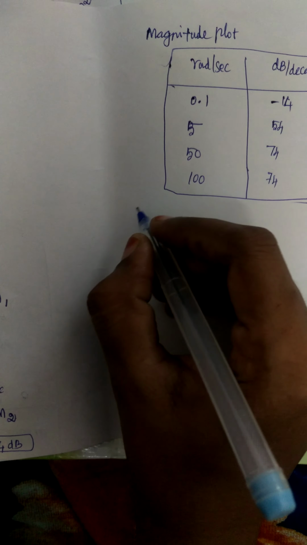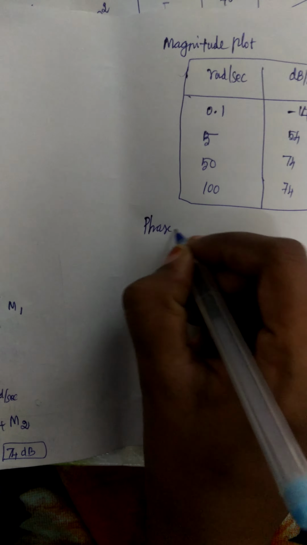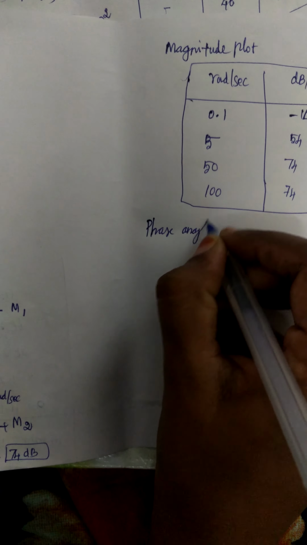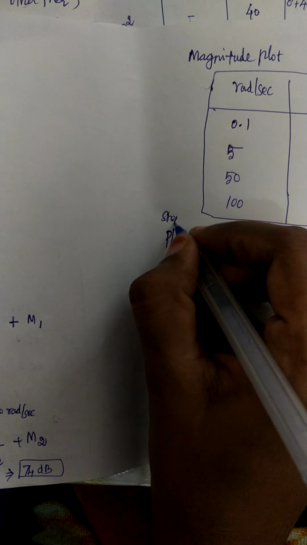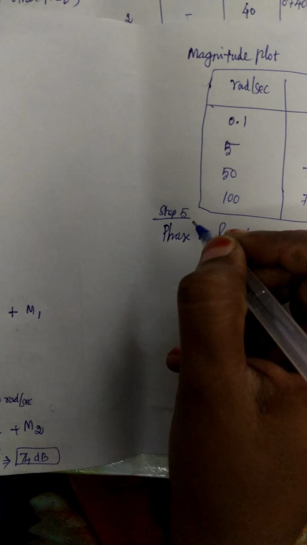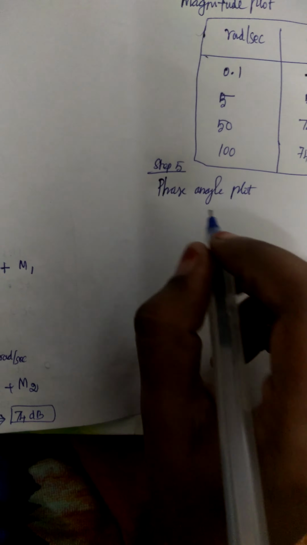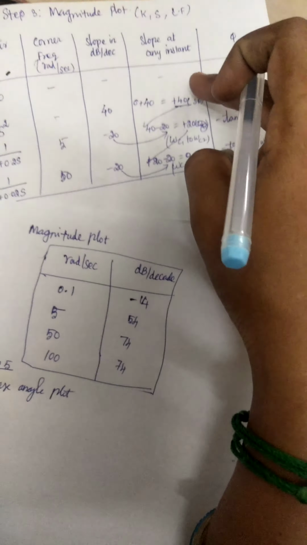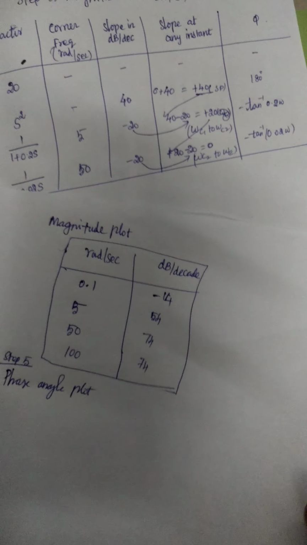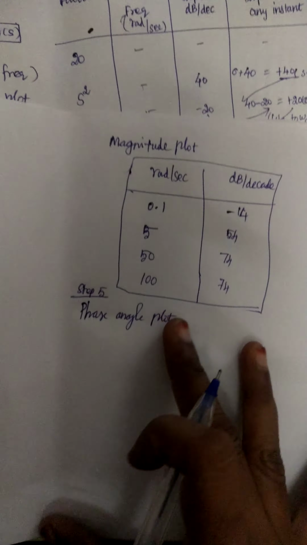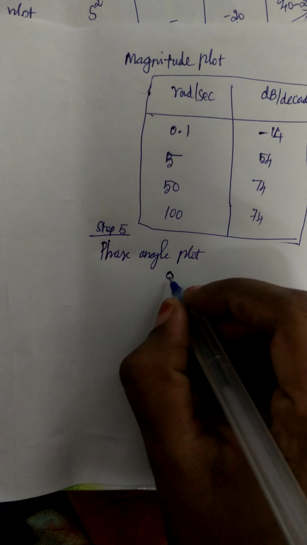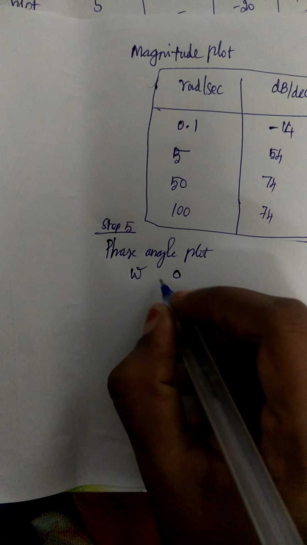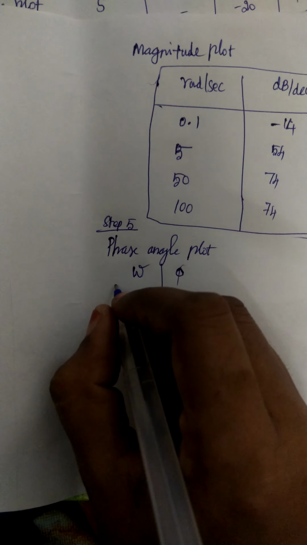Then we are going to move to the phase angle plot. This is our step number 5. So how do we find the phase angle plot? Simple. Let me consider the phase angle value, this is your omega value.